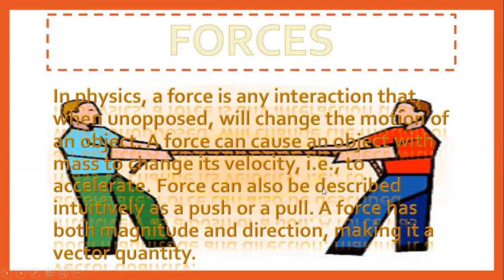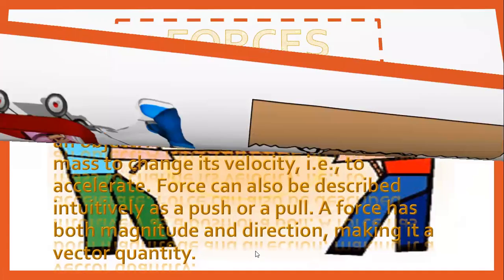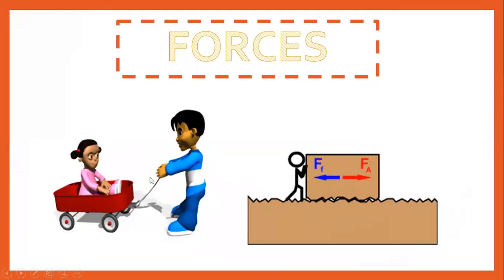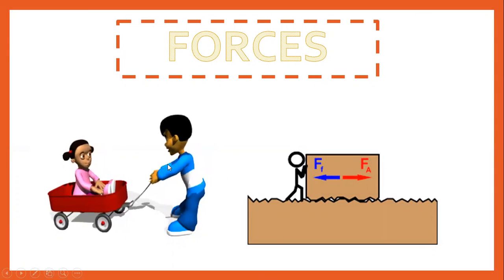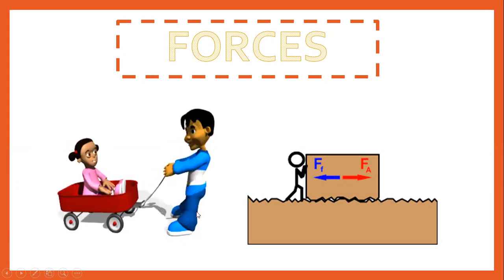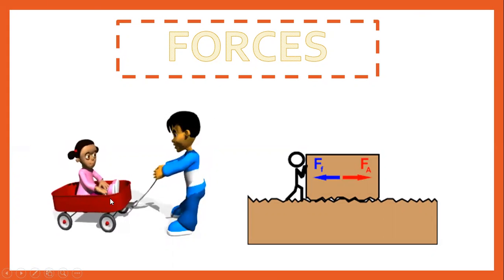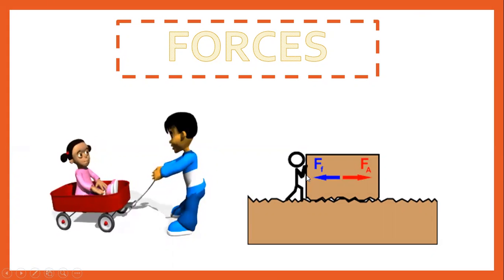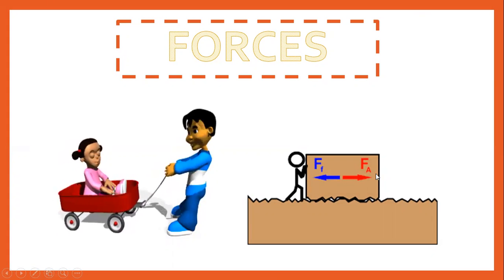Force can also be described intuitively as a push or a pull. A force has both magnitude and direction, making it a vector quantity. You see in the diagram, the boy applied the force on a baby car, and same, a man applying a force on a wooden block.